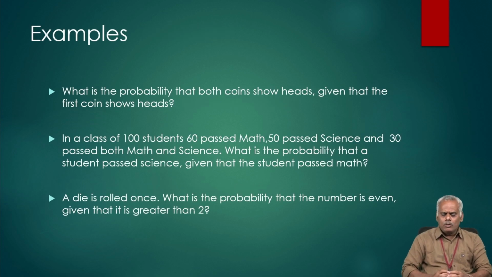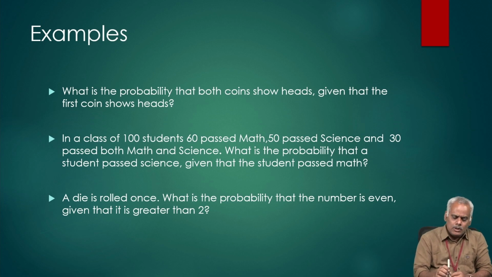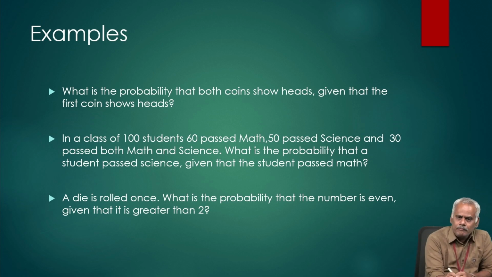Now, what is the probability that both coins show heads given that the first coin shows heads? So when two coins are tossed simultaneously, sample space S consists of 4 elementary events.